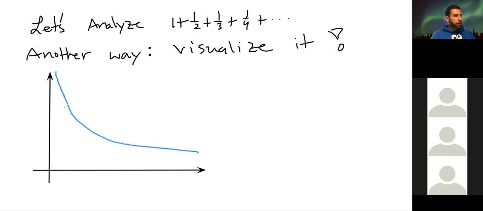So I'm going to draw this curve. In this curve right here, friends, this is the curve y equals 1 over x. Now you might say, why would you draw that? Well, look at each term in my sum. It is 1 over a number. So if I want to visualize it, why not think of something that's similar, if not the same thing.